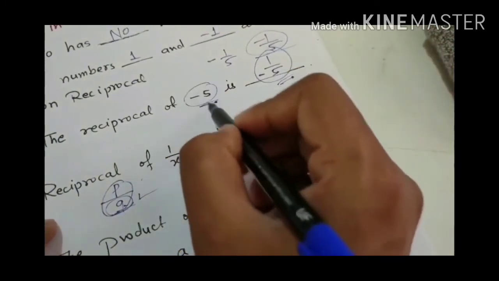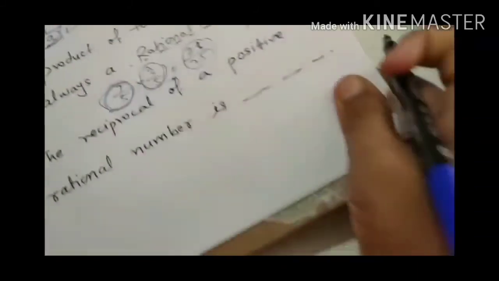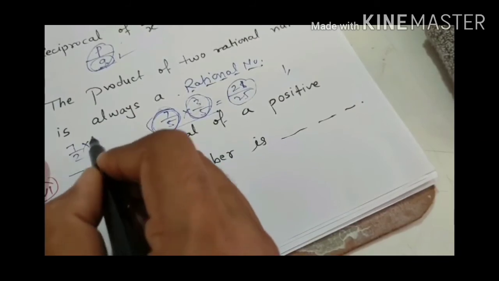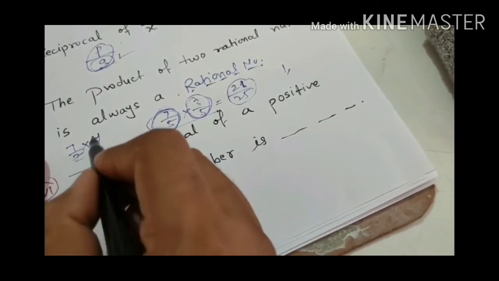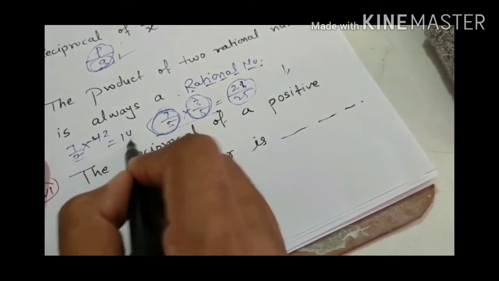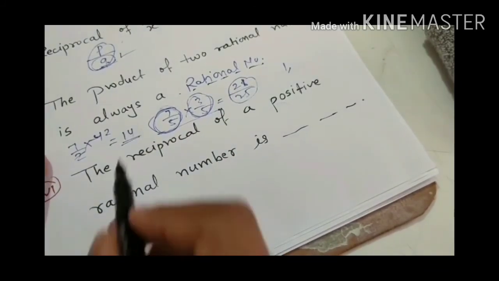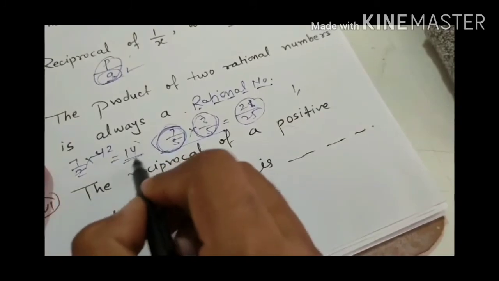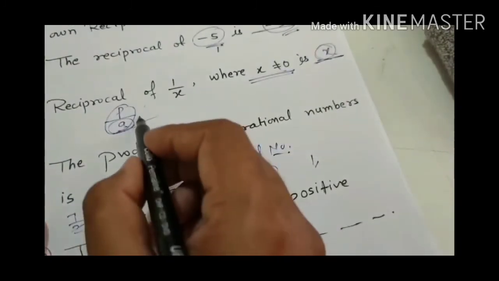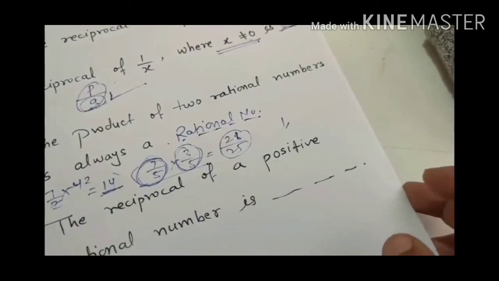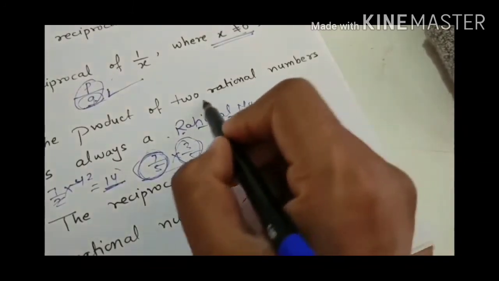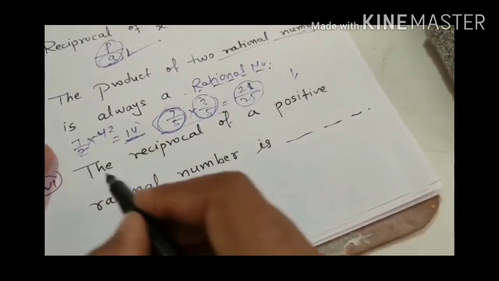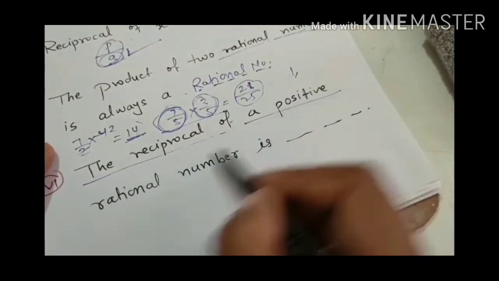Okay, now see, whatever it is, it's the same thing we were discussing in that property. Any numbers means all the numbers are rational numbers. All the numbers we can write in p by q form, so all are rational numbers. Suppose 4 is there, we can write 4 by 1, that is also rational.